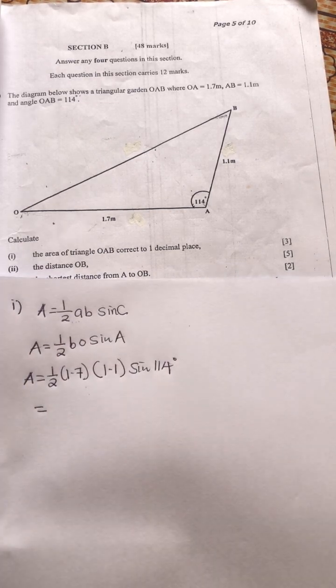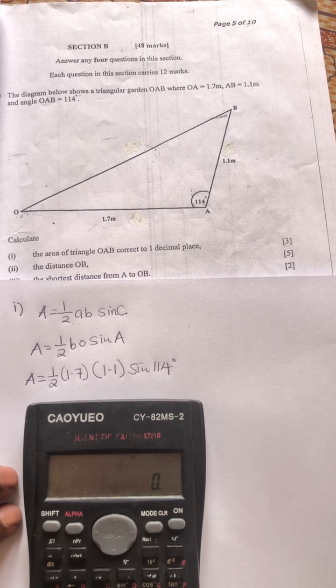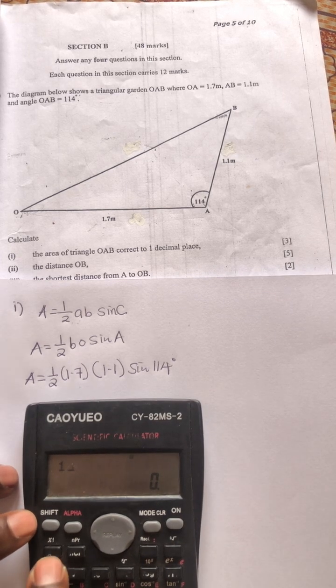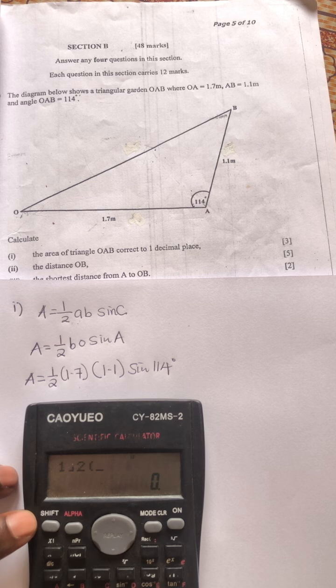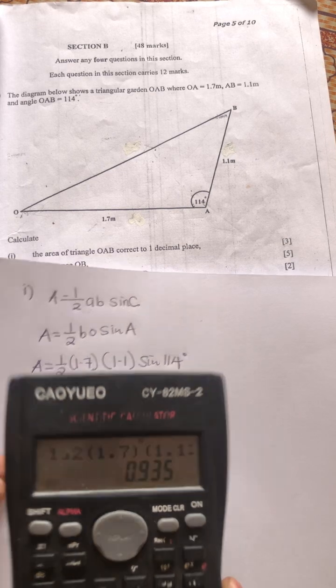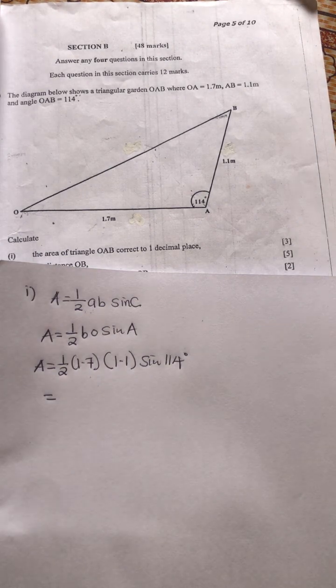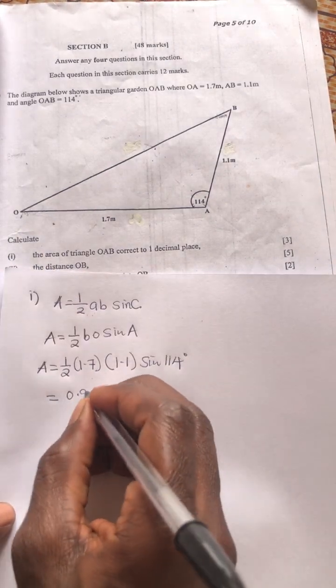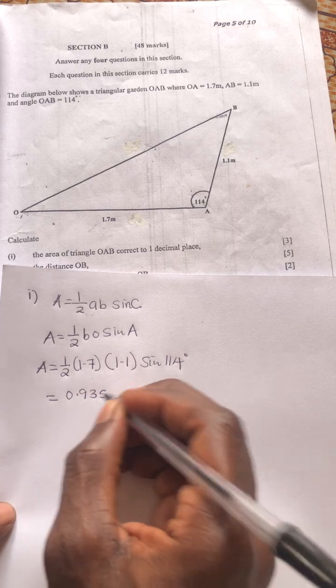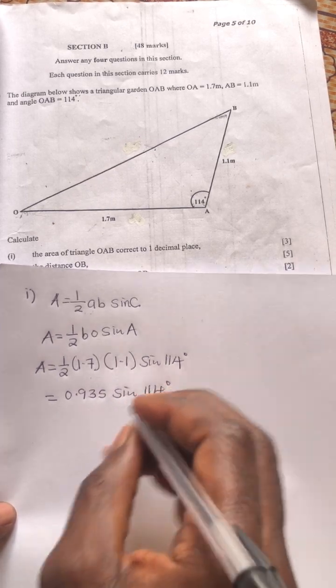Then we proceed. Here we can multiply the two as 1 over 2 multiplied by 1.7 and 1.1, which gives 0.935. So we get 0.935 sine 114 degrees.